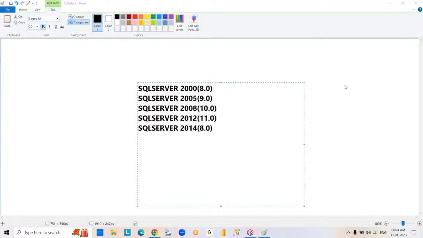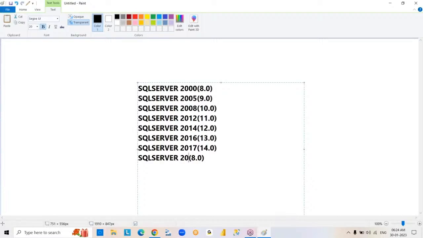2014 version we have 12.0, 2016 version 13.0, 2017 version 14.0, 2019 version 15.0.